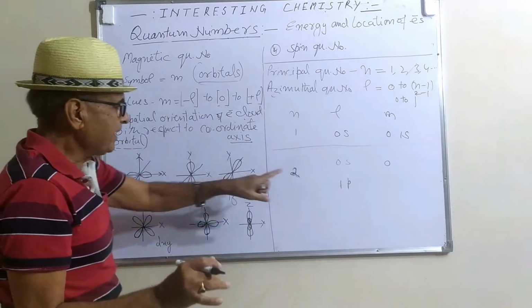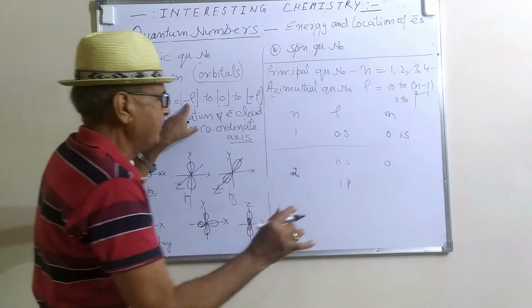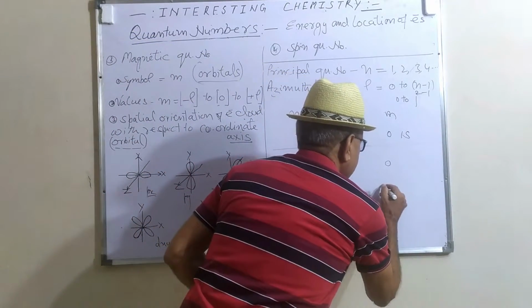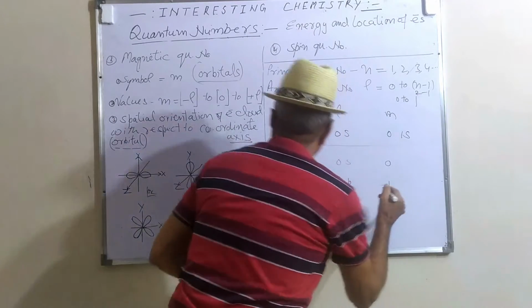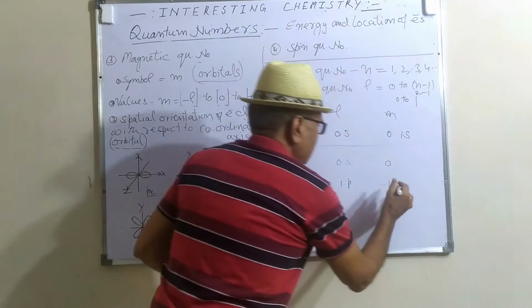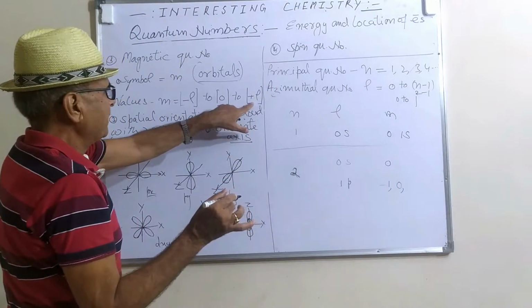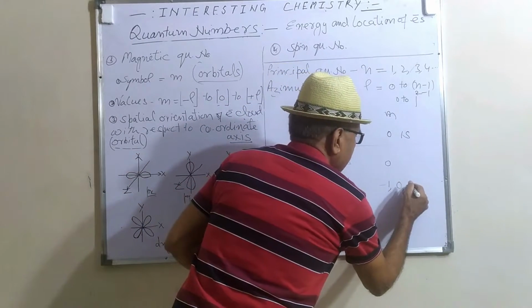When you write P here, you will write minus 1, 0, plus 1.